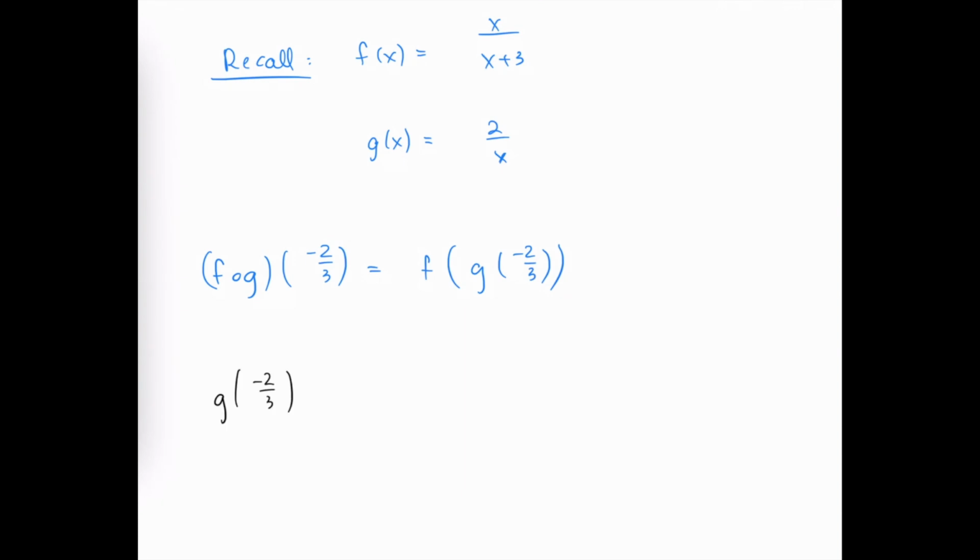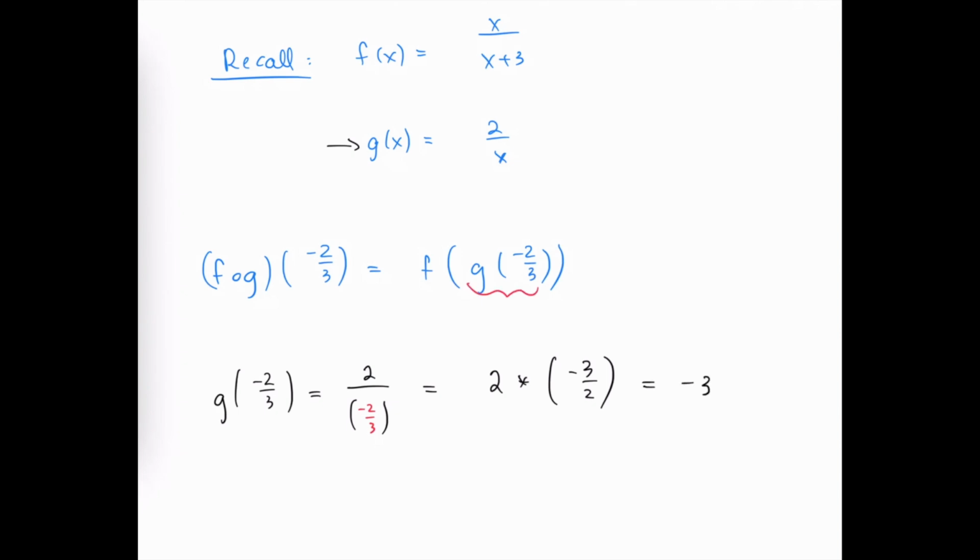So what is g evaluated at negative 2/3? We plug negative 2/3 into our g function, and this is a domain element for g. It doesn't cause the output to be undefined, but what it does cause the output to be, after we multiply by the reciprocal of the denominator, is negative 3.